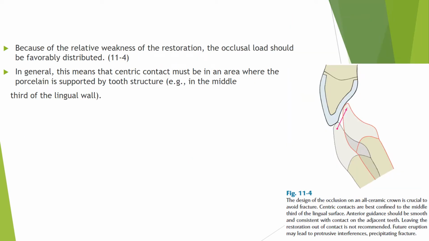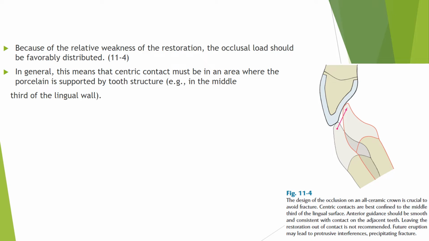Okay. Because of the relative weakness of the restoration, the occlusal load should be favorably distributed, right? So we need to see that the clearance is proper, otherwise it will result in fracturing of the restoration, and the occlusal load will be stressed at this portion.